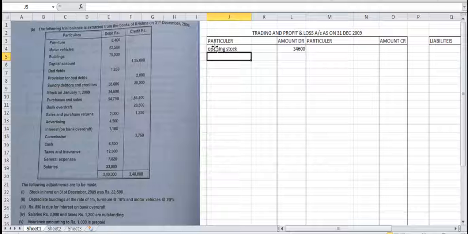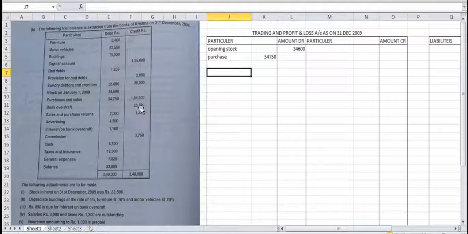Then let's see again what comes. After opening stock, purchase 54,750. Purchase has an adjustment, and the purchase amount should be kept inside, 54,750. Leave one space, go for another one. After purchase, bank overdraft won't come, salary won't come. Purchase return, definitely it will come.